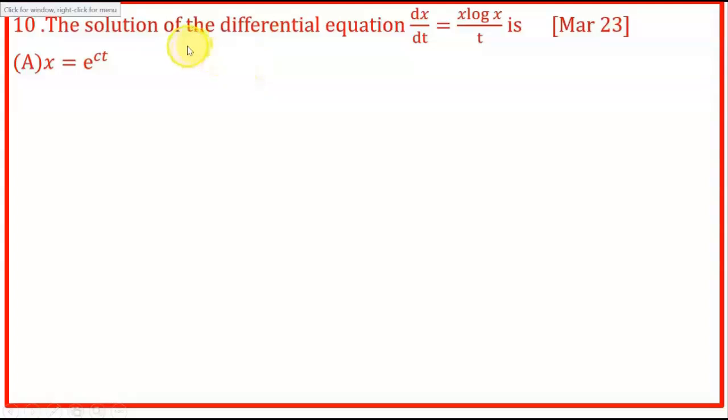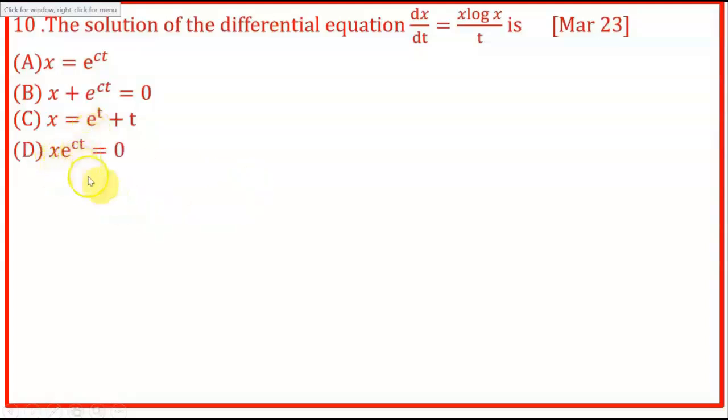The solution of the differential equation dx/dt = x log x / t is, okay. Now the first option A is x = e^(ct), B is x + e^(ct) = 0, C is x = e^(t) + t, and D is x e^(ct) = 0.